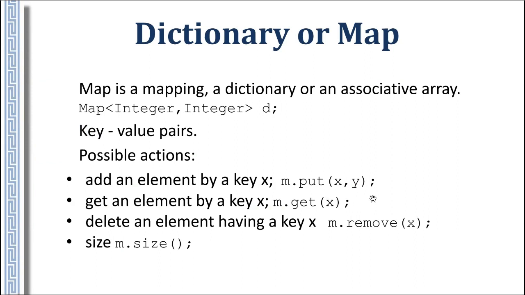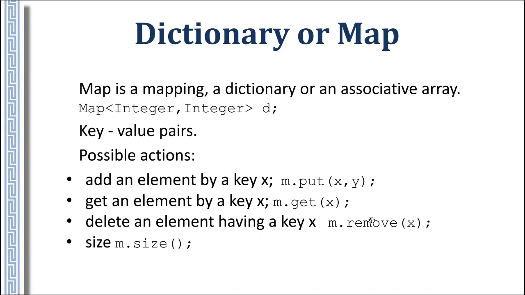If we try to remove or get elements, if there is no such ball, then we have different behavior in different languages. In some languages, like C++, we get 0 value, some value.